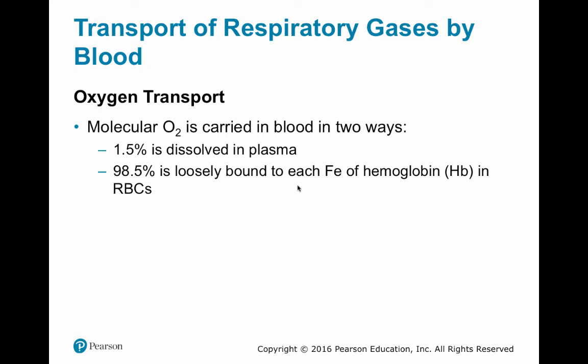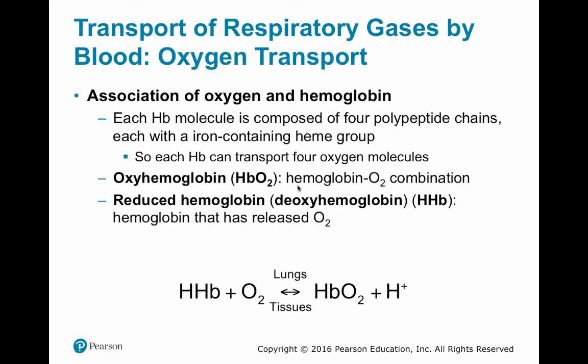How basically oxygen is transported, it's called molecular oxygen, is carried in two ways. A small amount of it is dissolved in the plasma, but most of it is bound to iron in hemoglobin in red blood cells. And hemoglobin can carry a total of 4 oxygens. And so when we look at oxygen being transported, essentially each hemoglobin molecule is composed of 4 polypeptide chains, each with an iron-containing heme group.